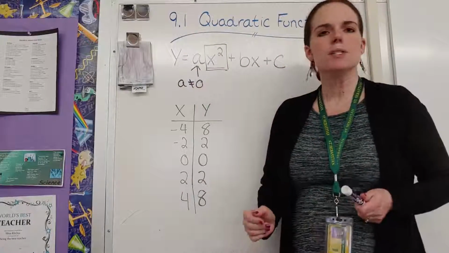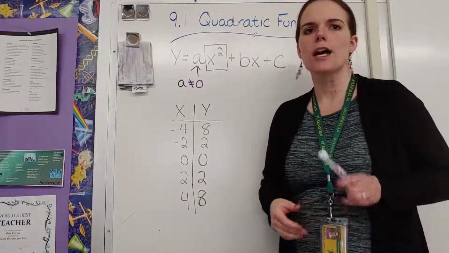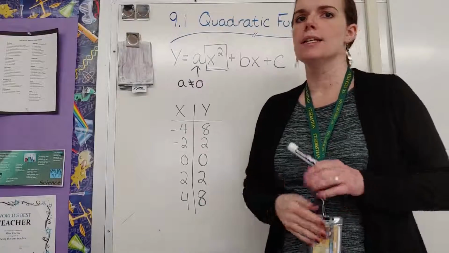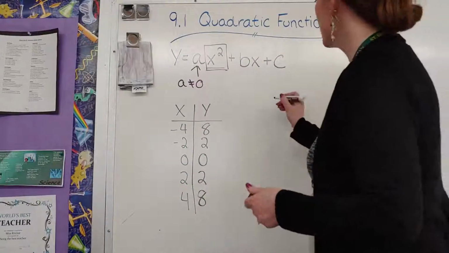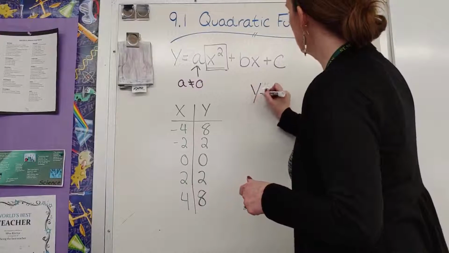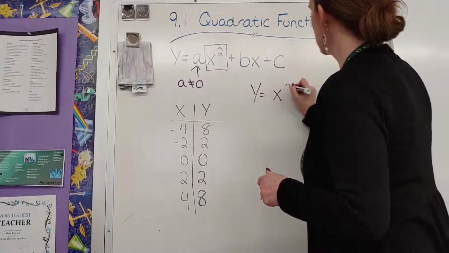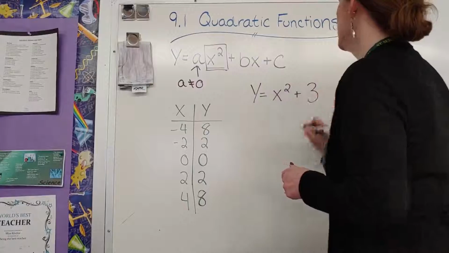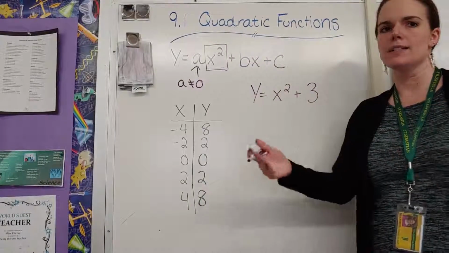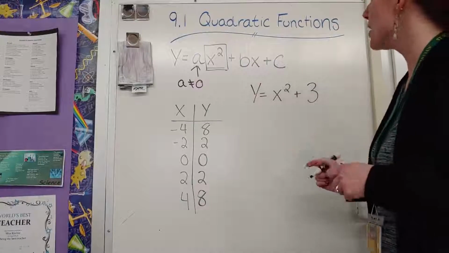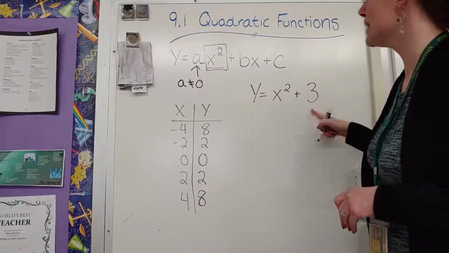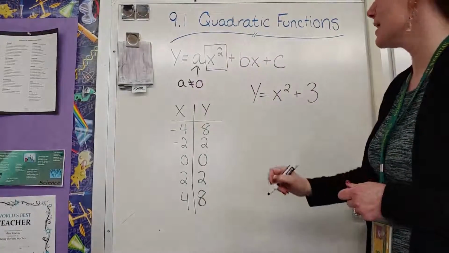The first types of questions they're going to ask you in section 9.1 is just, is it a quadratic? So they're going to give you things like y equals x squared plus 3, and they're going to say, is that a quadratic? And you would say, yes, it's a quadratic because I could rewrite this to look just like that.